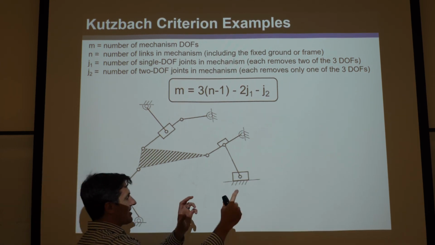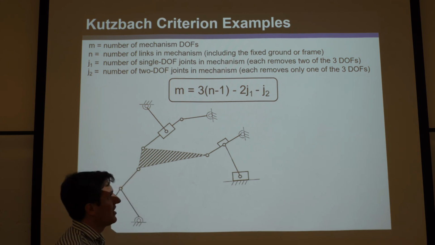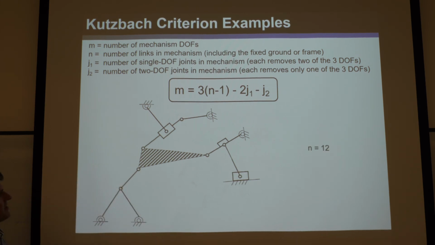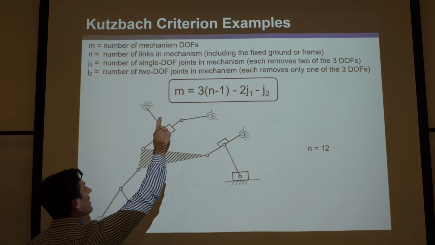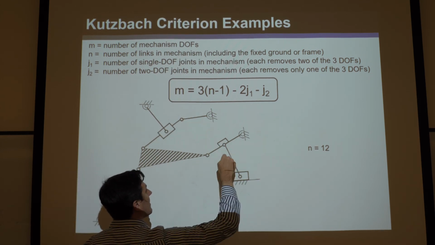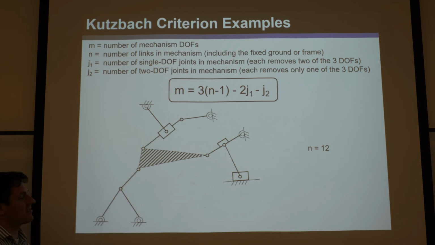Remember, it's its own link that can slide on the ground that we already counted. Wait a minute, did I count the right one? 1, 2, 3, 4, 5, 6, 7, 8, 9, 10, 11, 12. Yes, so there's 12. But anyway, you saw how I counted it. So 12 links.